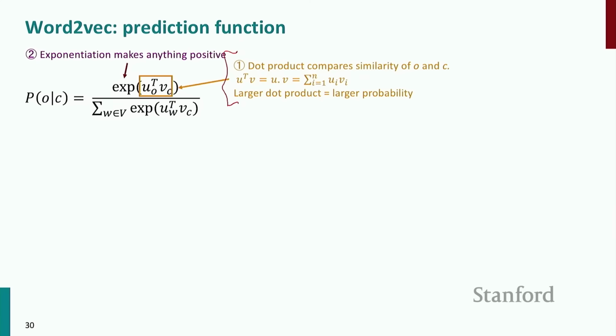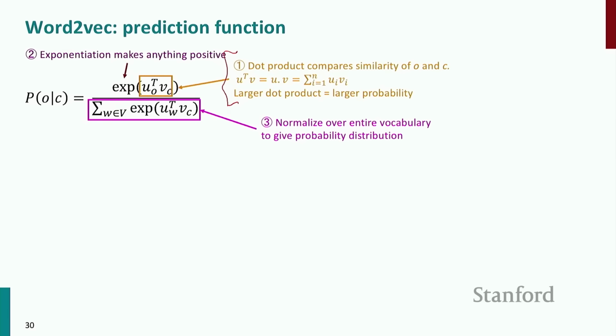Okay, and then, since it's meant to be a probability, we'd like it to be between 0 and 1, and so we turn it into numbers between 0 and 1 in the dumbest way possible, which is we just normalize, so that we work out the quantity in the numerator for every possible context word, and so we get the total of all of those numbers and divide through by it, and then we're getting a probability distribution of how likely different words are in this context.